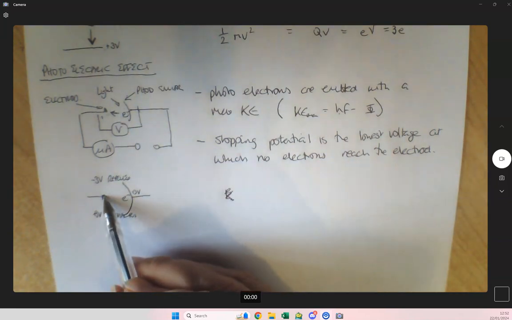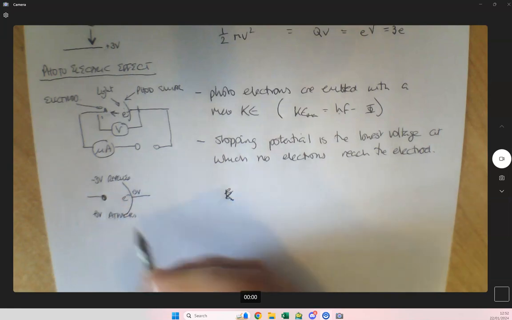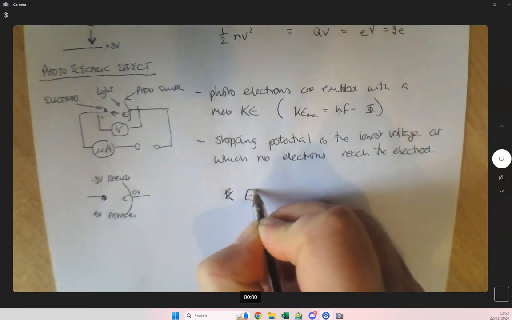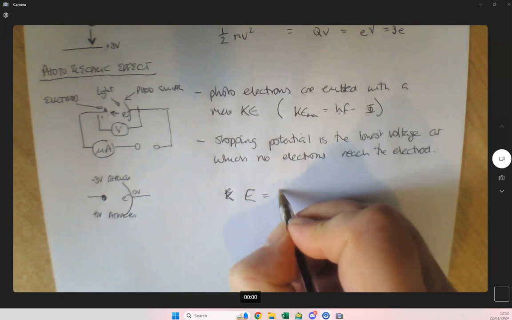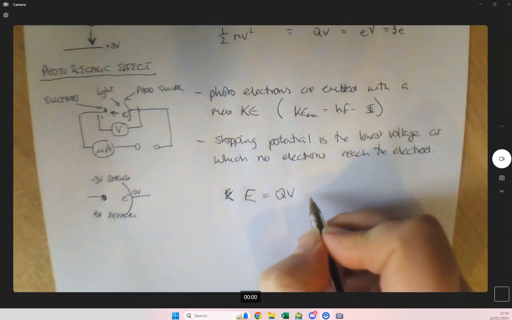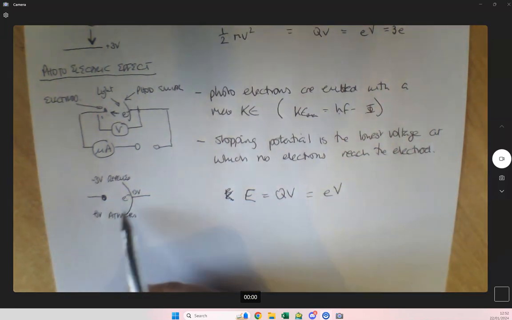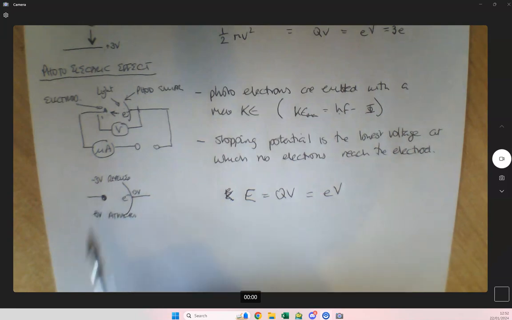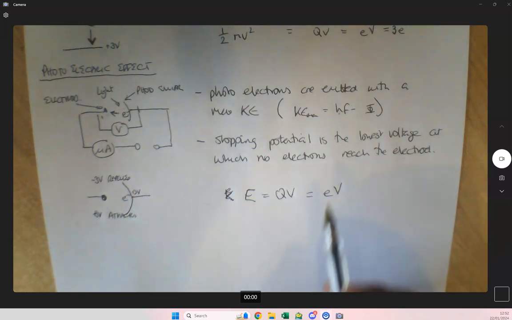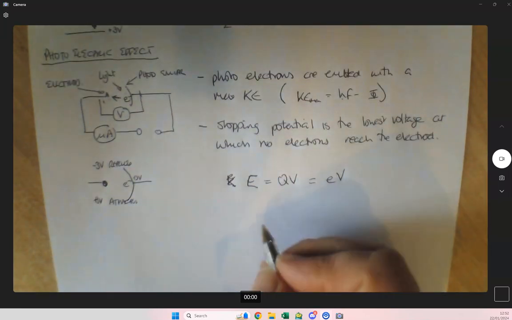And when they go here, they're going to have a change in potential. So the change in electrical potential is going to be QV, but we're talking about one electron, so that's just eV. So here I'd be gaining or losing potential energy based upon that. And it's a good old E equals QV equation from GCSE.